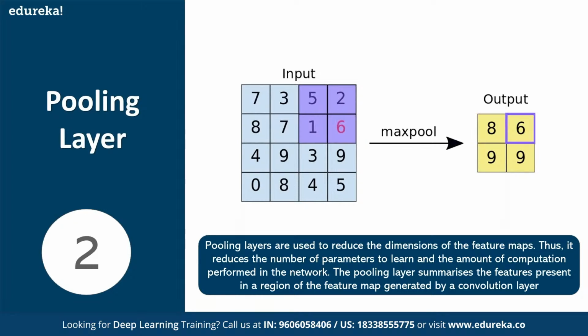Here in this scenario, my original image is of dimension 4 by 4. On this 4 by 4 image, I'm applying the pooling layer with a pool window of 2 by 2. As a result, we are performing the max pooling operation and reducing the dimension by 2 by 2. So this is the working of the pooling layer. It will help me to summarize the data.